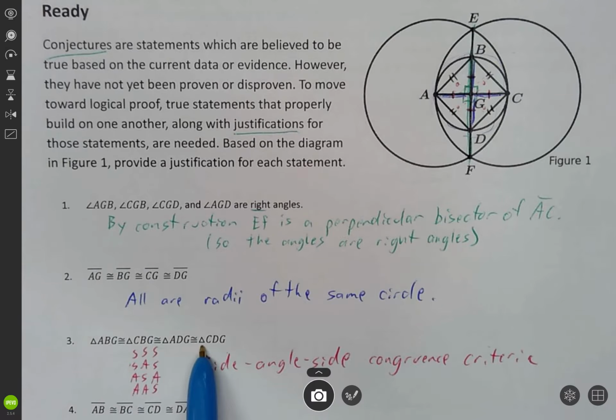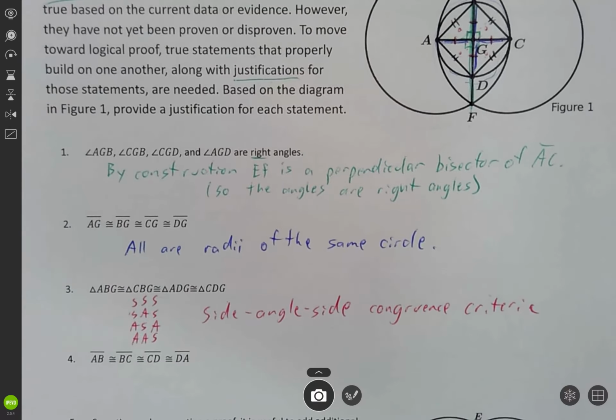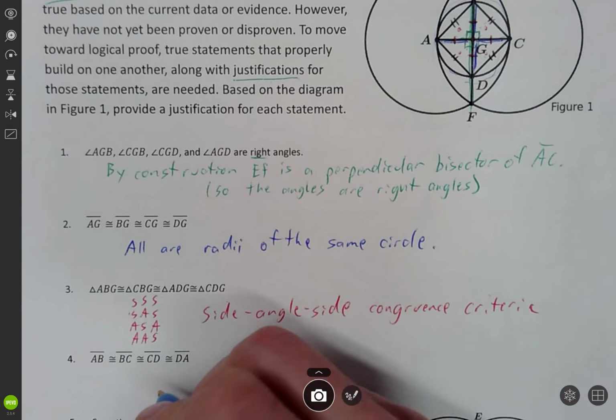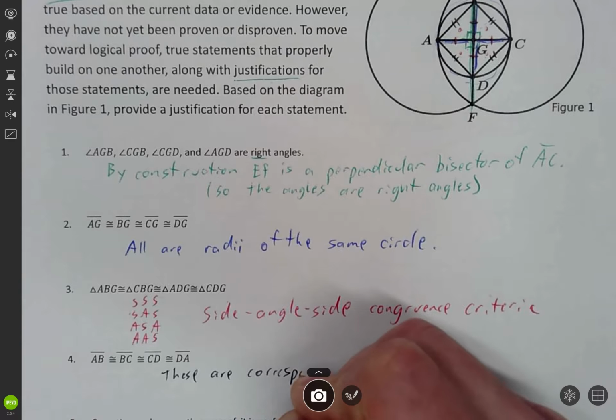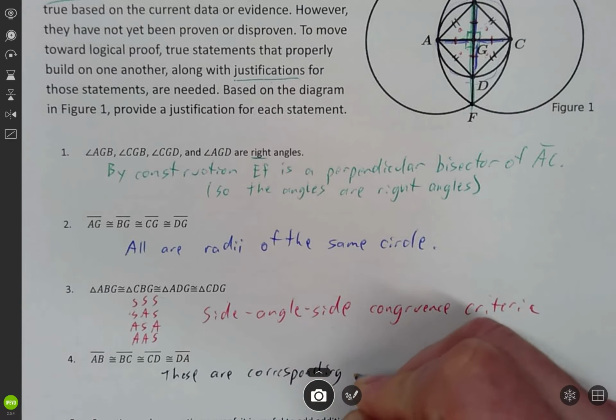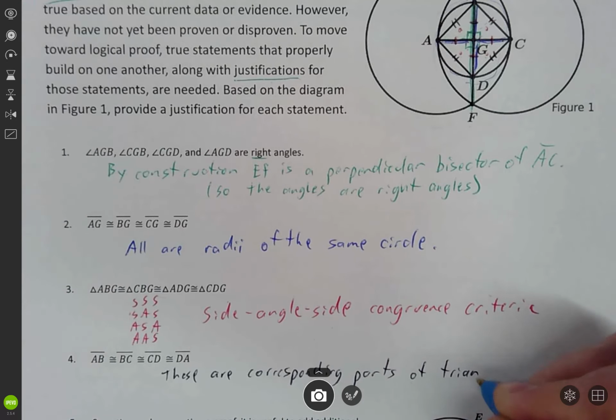I just a moment ago justified that the triangles are congruent. Well, what does it mean for triangles to be congruent? It means every single pair of corresponding parts is congruent. So my justification, in this case, is that these are corresponding parts of triangles that are congruent.